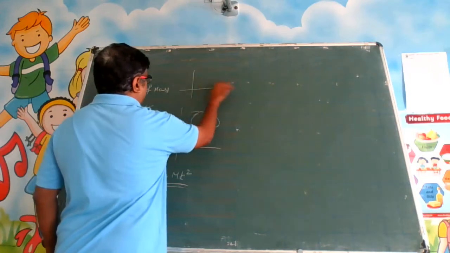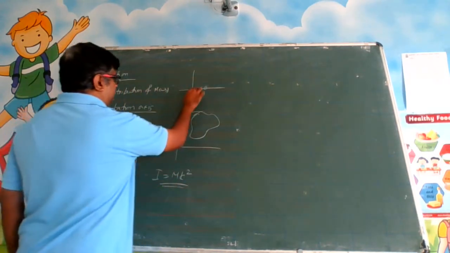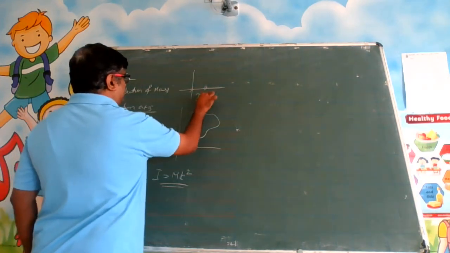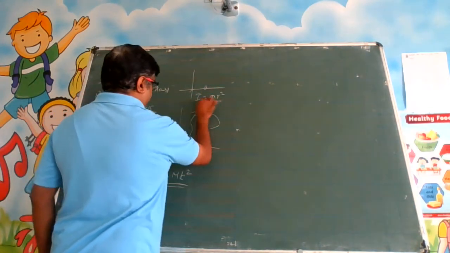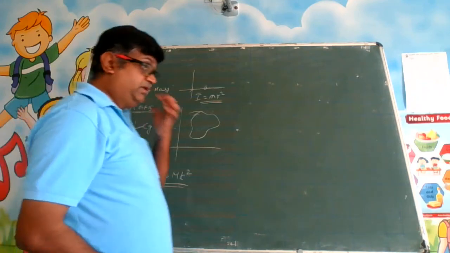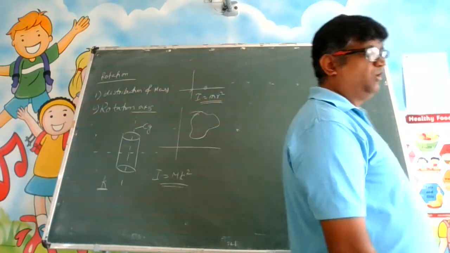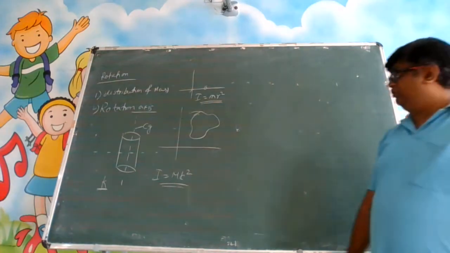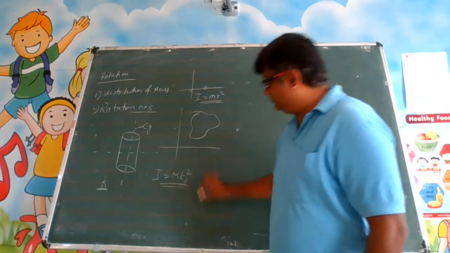We took this example: I have taken a point mass here. If you want to find the moment of inertia about this axis, we will write mr squared. But when I talk about a rigid body, a cylinder, a sphere, a planar body, I am going to talk about the radius of gyration.